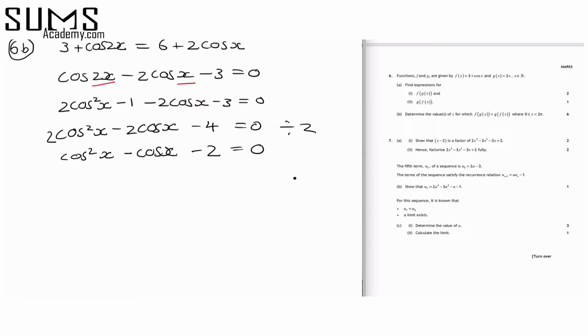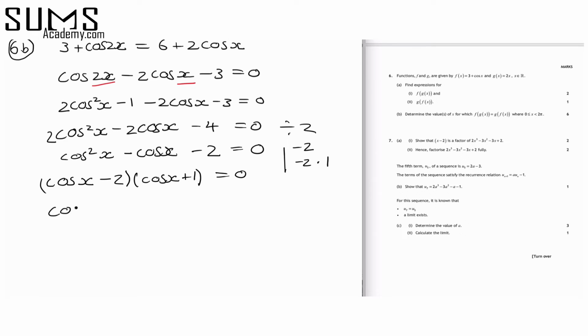Now we can factorize this. So for minus 2, our factors would be minus 2 and 1. So this then becomes cos x minus 2 and cos x plus 1 equal to 0.